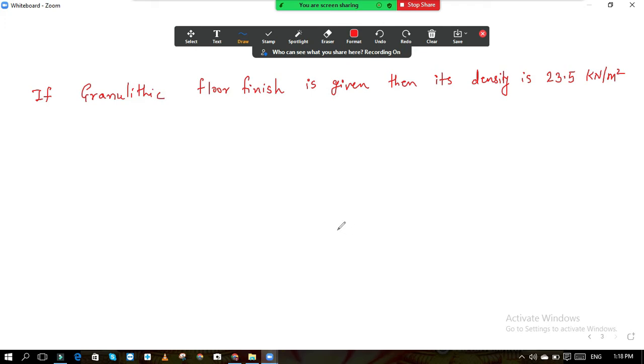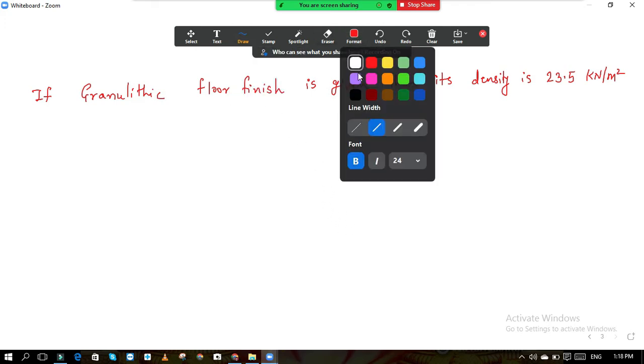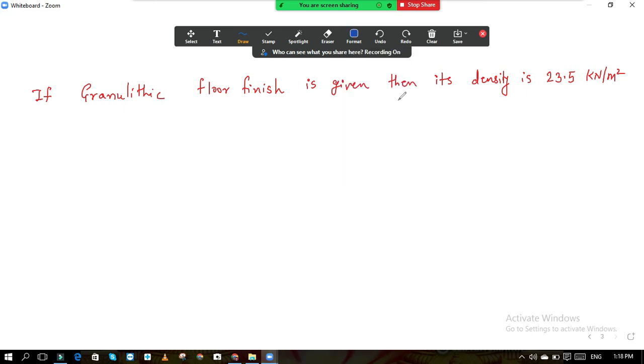Suppose in the numerical they tell you that a granulithic floor finish of, for better understanding I will say, 10 mm thickness is applied on stairs.